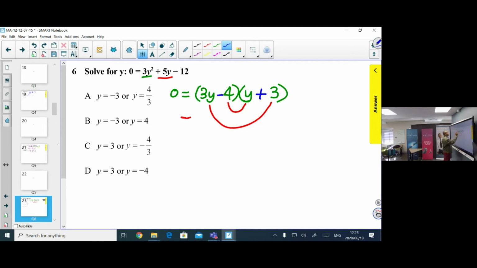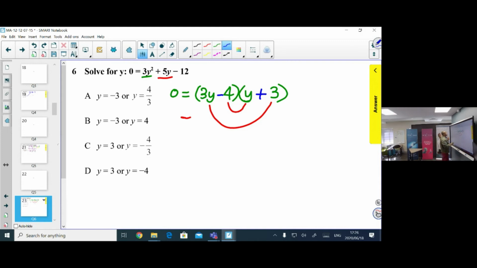Then the other line inside is minus 4y. If you add these two, you see that they give you the middle term, which is 5y. So that is the correct factorization in terms of the question at hand.